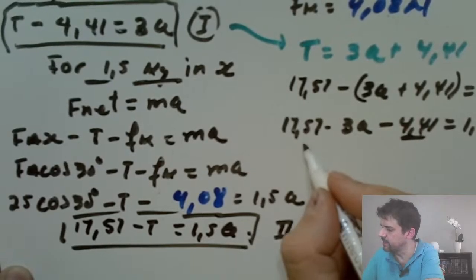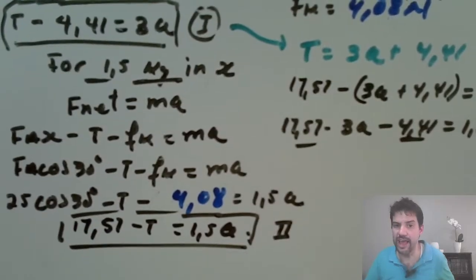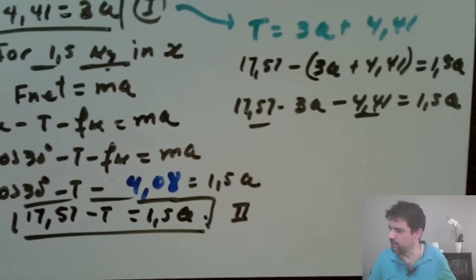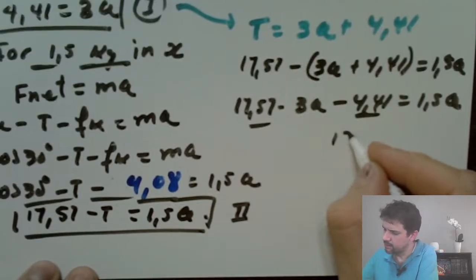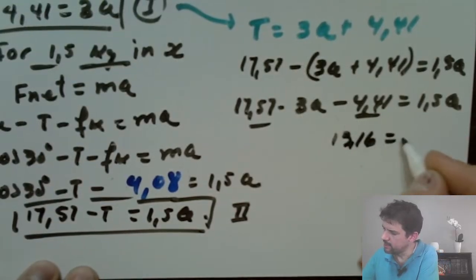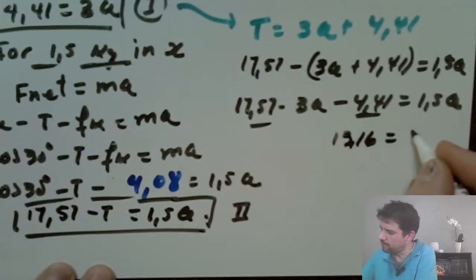Guys, the rest is just calculation. The 3a is going to the other side there. So let's rearrange here. Let me see. It's 17,57 minus 4,41. We get that 13,16 is equal to 4,5a.